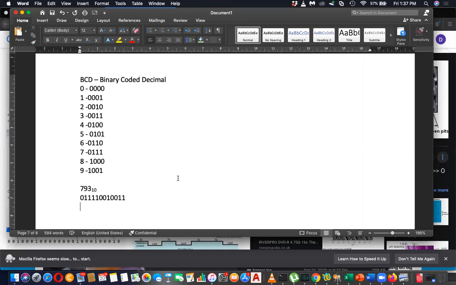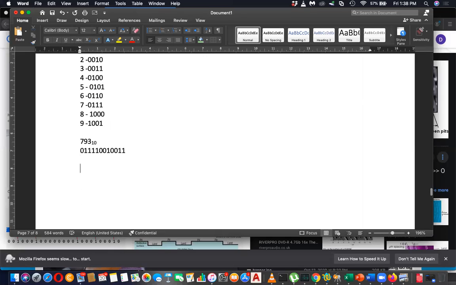Understood or not? This is a special encoding system, BCD or binary coded decimal. In day-to-day life we use decimal numbers.